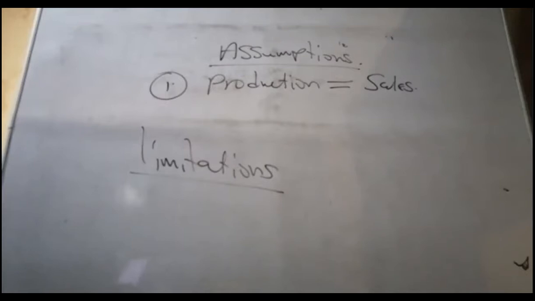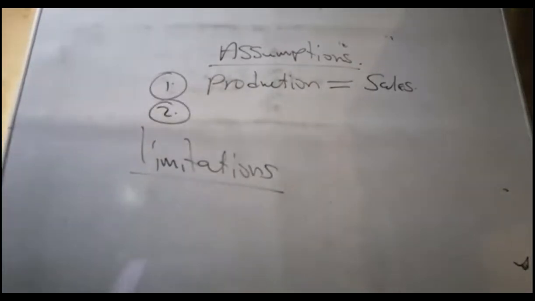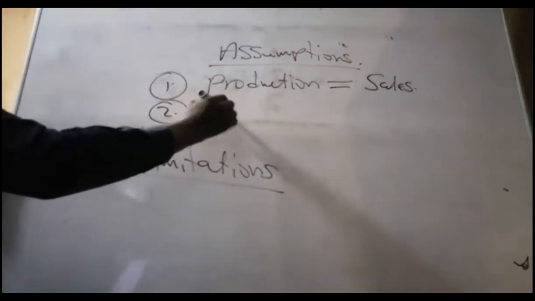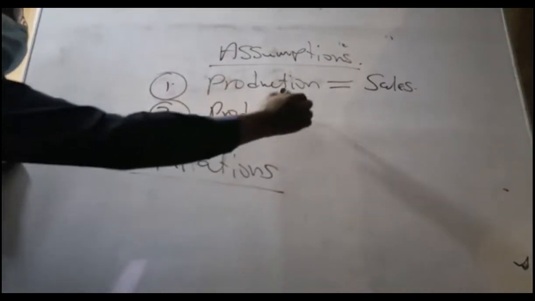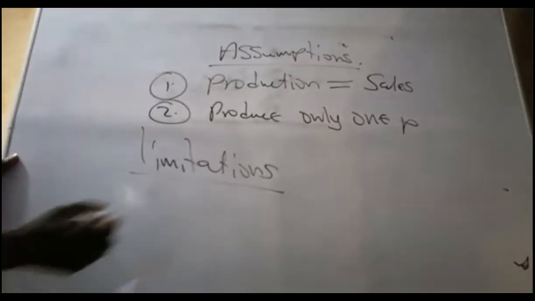Great. Let's quickly scan through the assumptions. Assumption two: it also assumes that the company produces and sells only one product. So the company produces only what? One product. Is that true in reality?